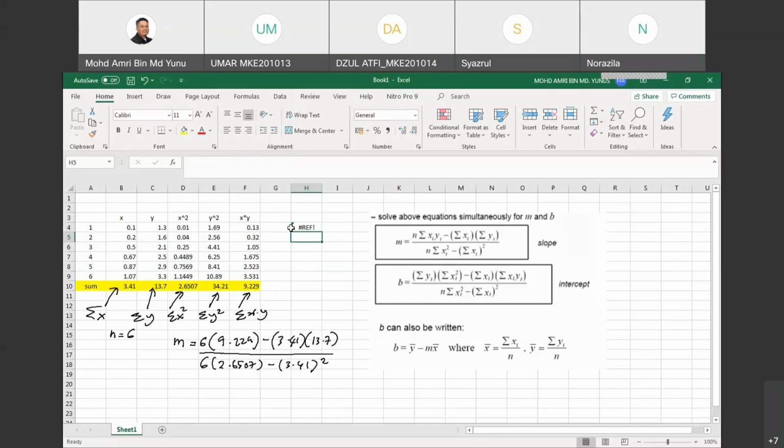Oh, so what was missing, what am I missing here? Okay. Which is y square.